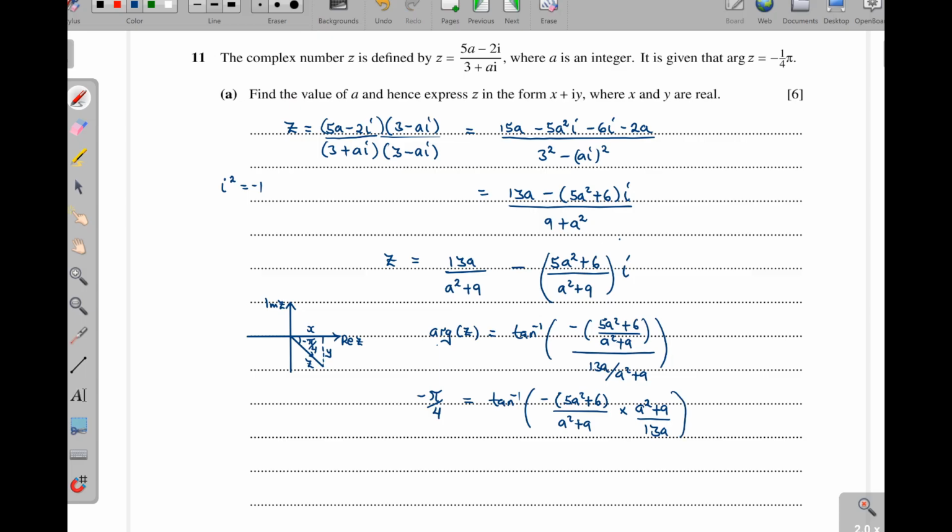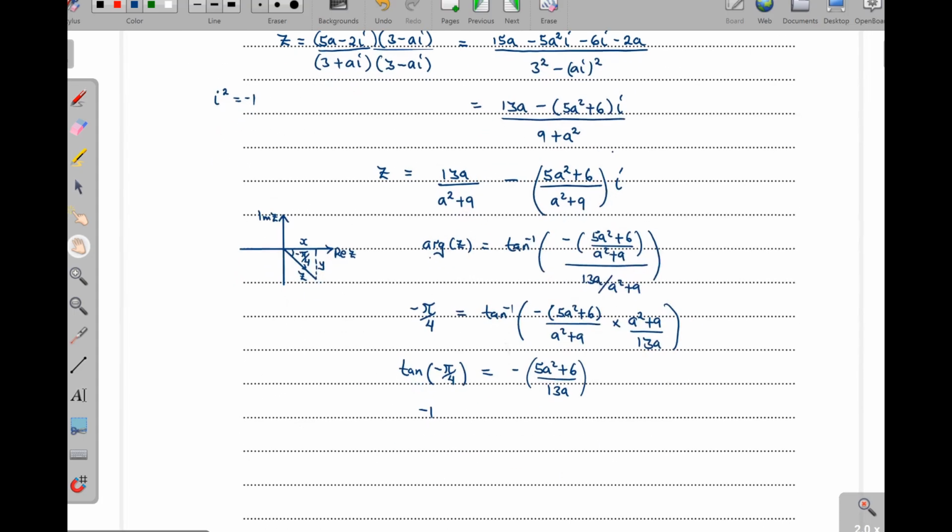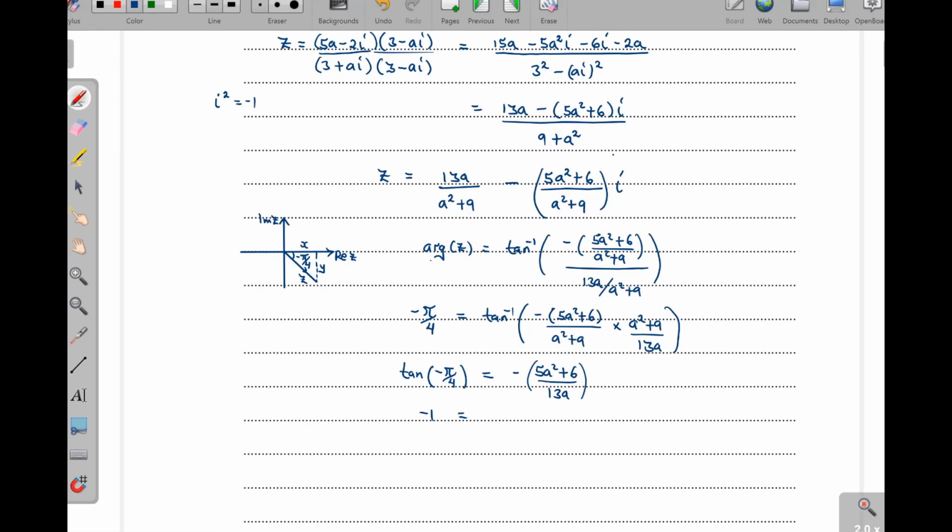So we shall have, of course, you take the tan this side. Now you'll have tan of negative pi over 4. Then this way we shall have negative 5a squared plus 6, then out of 13a, like that. And this one here is negative 1. So negative 1 is equal to 5a squared plus 6 out of 13a.